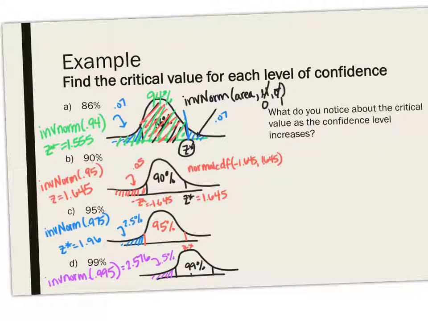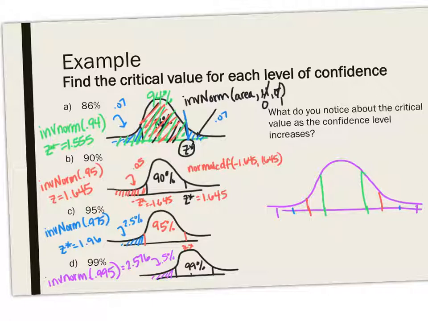So as your confidence is increasing, let's draw a curve and look at these. 86% was like this. Then 90% moved out further. Then 95% moved out even further. And finally, 99% moved way out here. So as the level of confidence increases, what happens to the width of the interval?